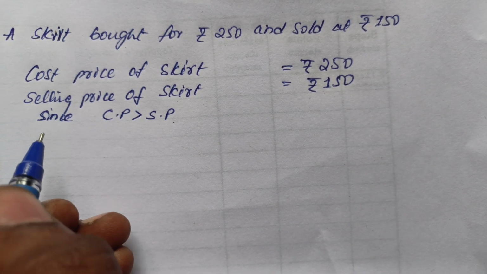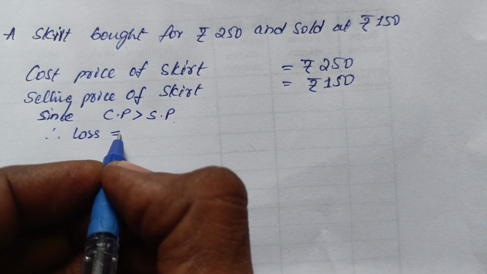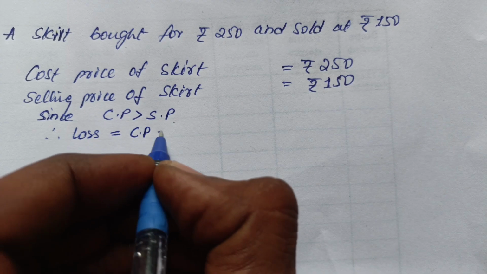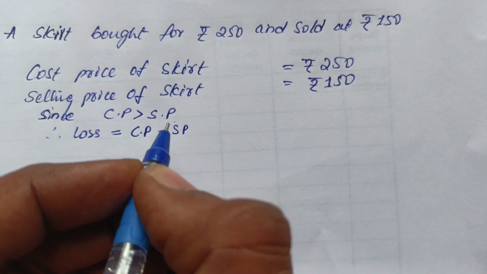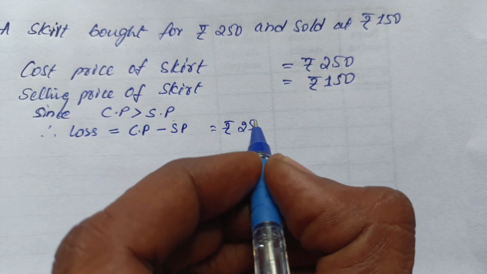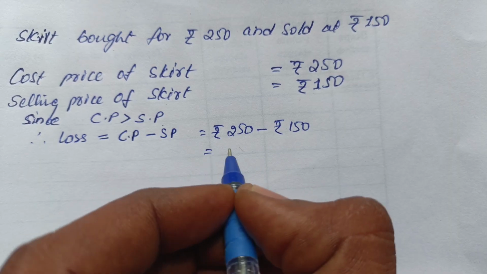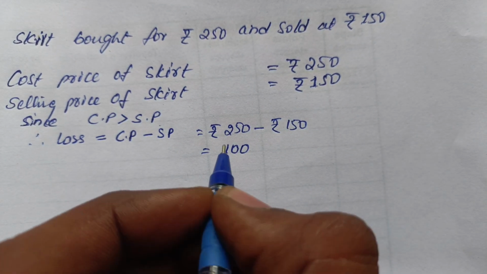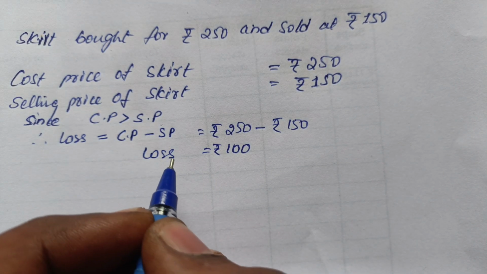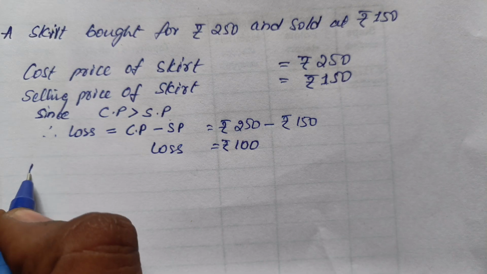Therefore we need to find the loss. Therefore loss is equal to cost price minus selling price, that is equal to 250 minus 150. So what we get, loss is 100 rupees. So now we will find out the loss percentage.